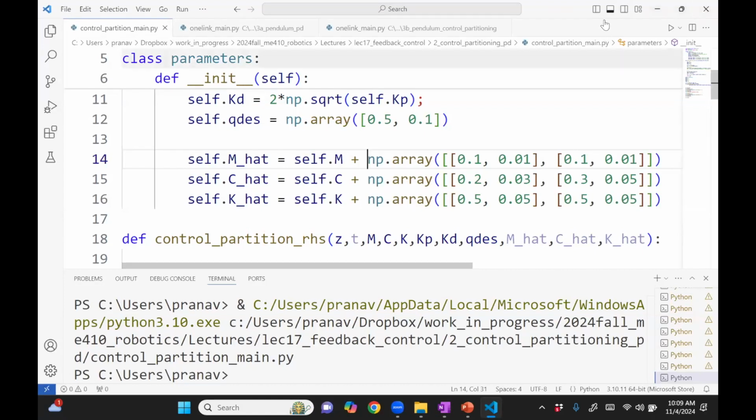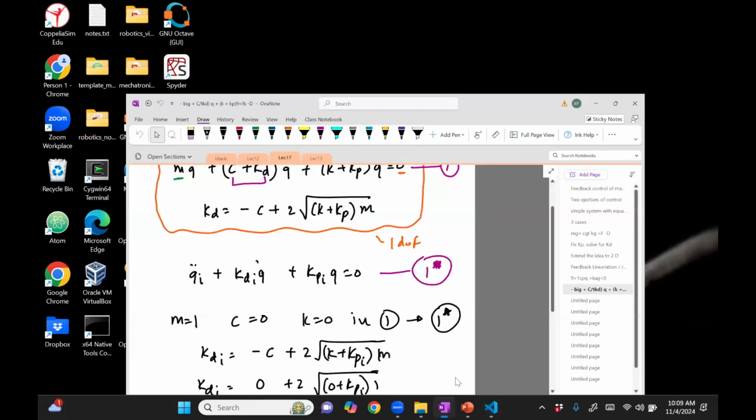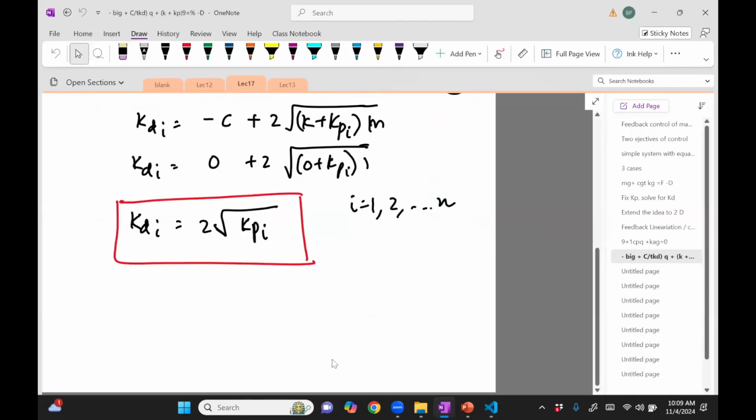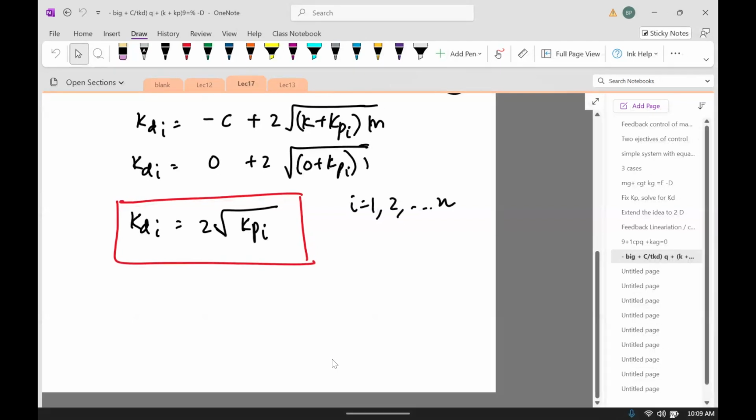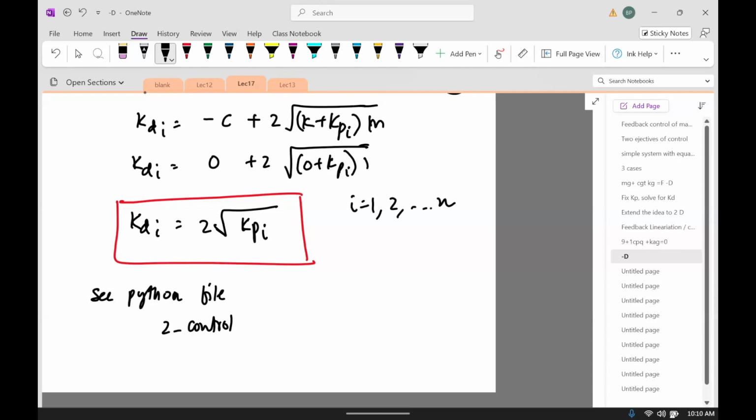The example I showed you will be in this Python file, in the folder called control. When I give you the files on Blackboard, see the folder control. It contains one single file, which is the one I showed you.